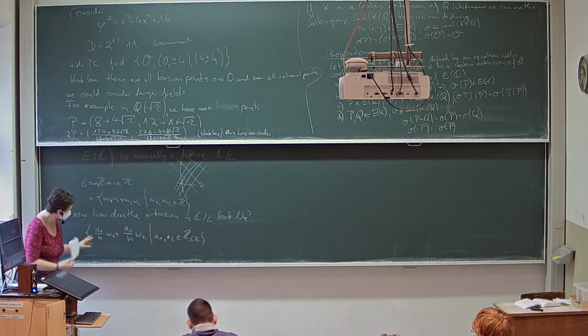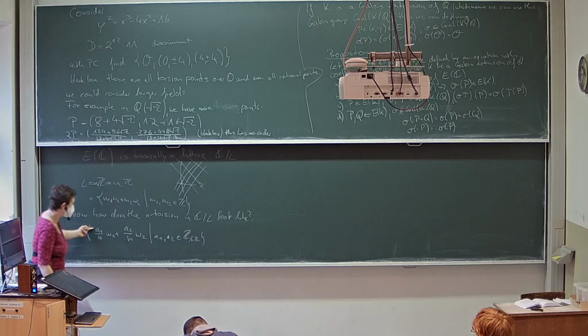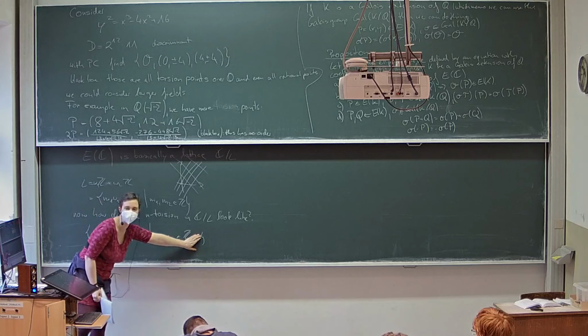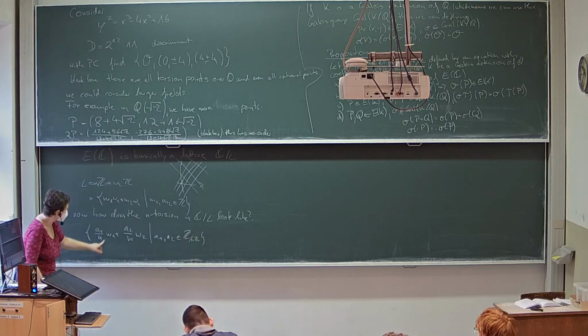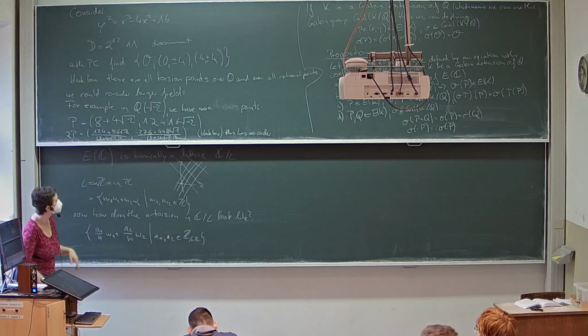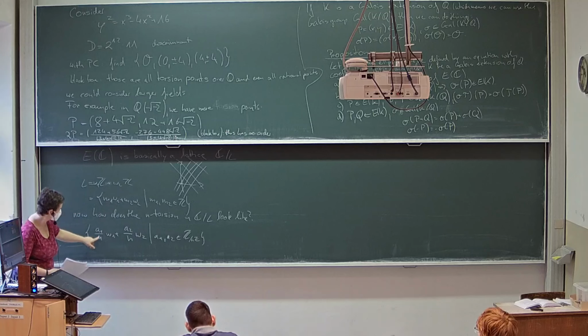So if we look at this, what is this? a1 and a2, first we can just see them as integers. And w1, w2 are the base vectors of our lattice.